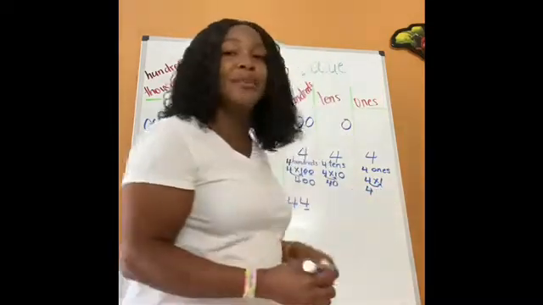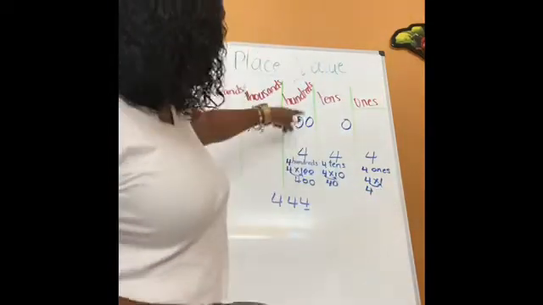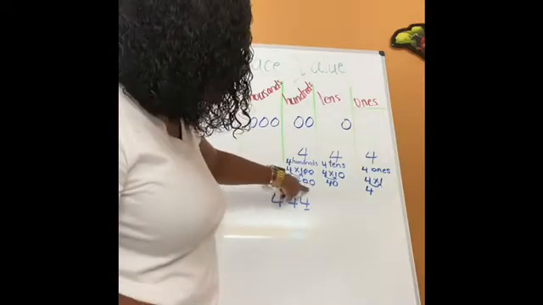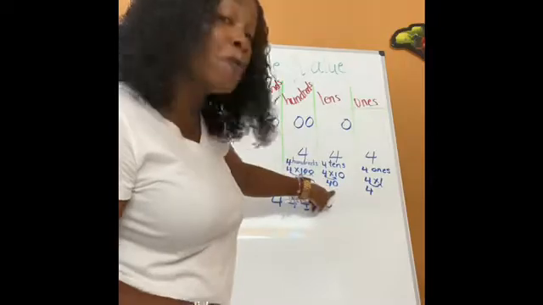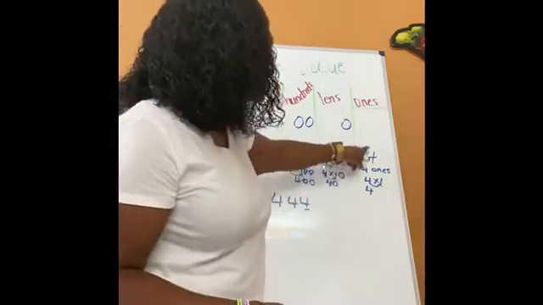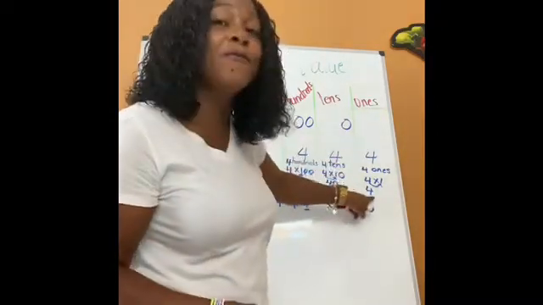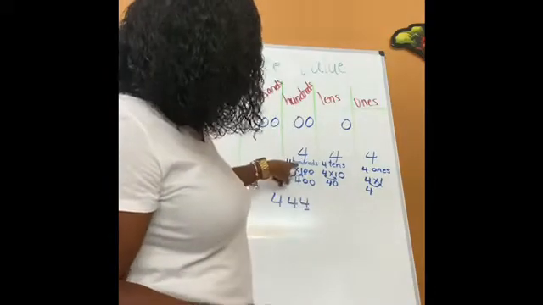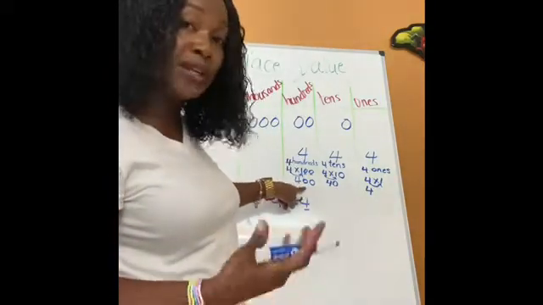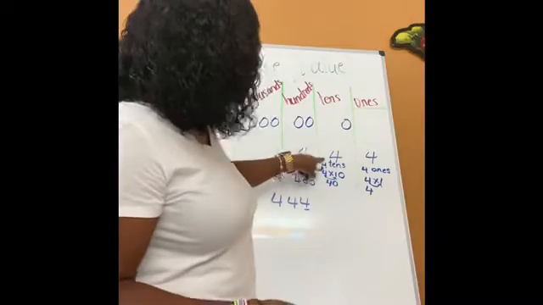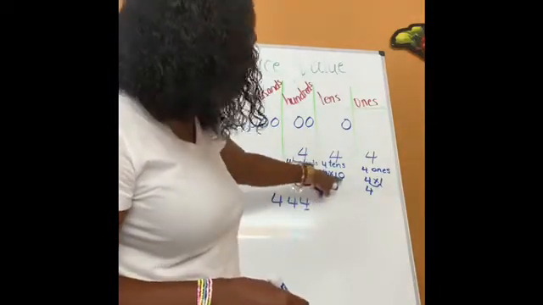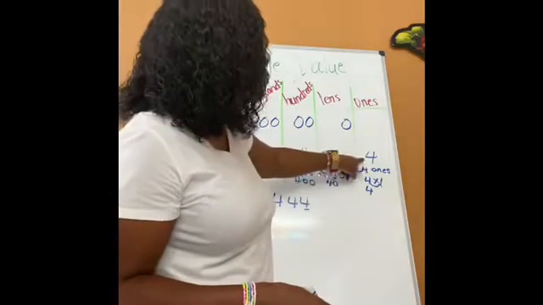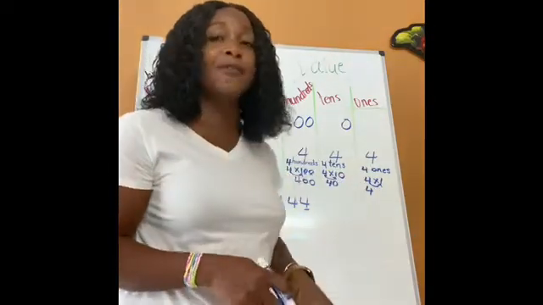No zero, so I'm not adding. So the value of this 4 is 4 hundreds, the value of this 4 is 40, and the value of this 4 is 4. So 4 hundreds, written as 400 in numerals. 4 tens, written as 40, because 4 times 10 is 40. And 4 ones is written as 4.